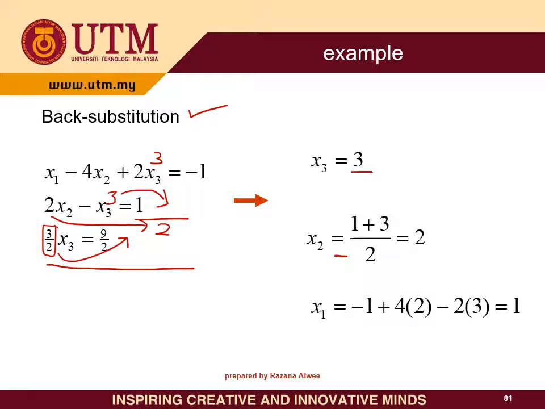So this is the equation here, and you get x2 is 2. So you put x2 is 2. How do we get x1? This one and this one both move here. So you will get this equation, and the answer for x1 is 1.